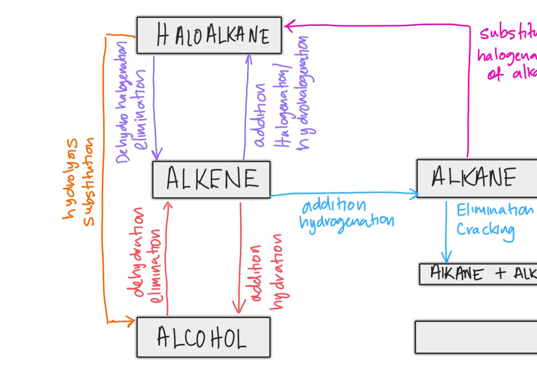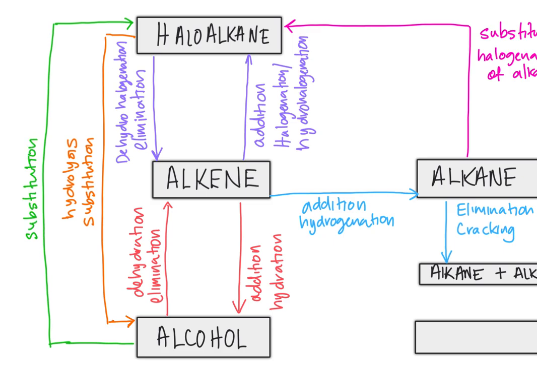In the same way, I can take an alcohol if I wanted to, and I could turn that alcohol into a haloalkane, and that I would use also a substitution, and that's when I would use reactions with a halide salt.